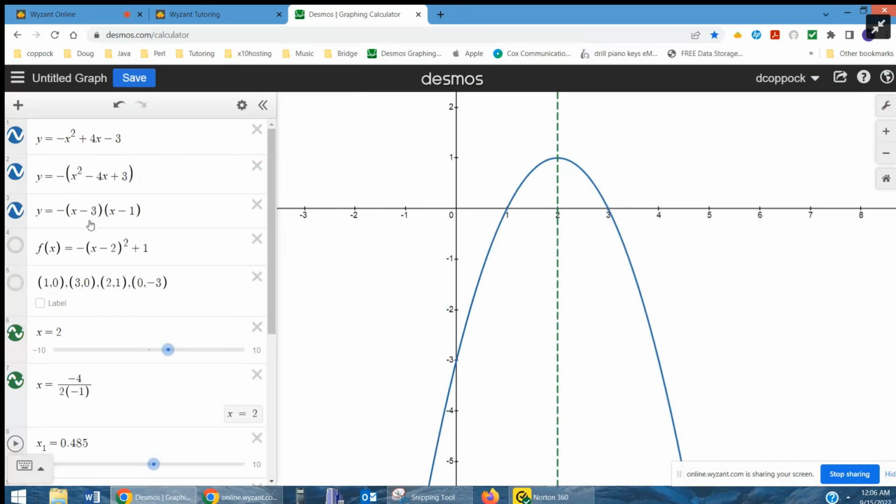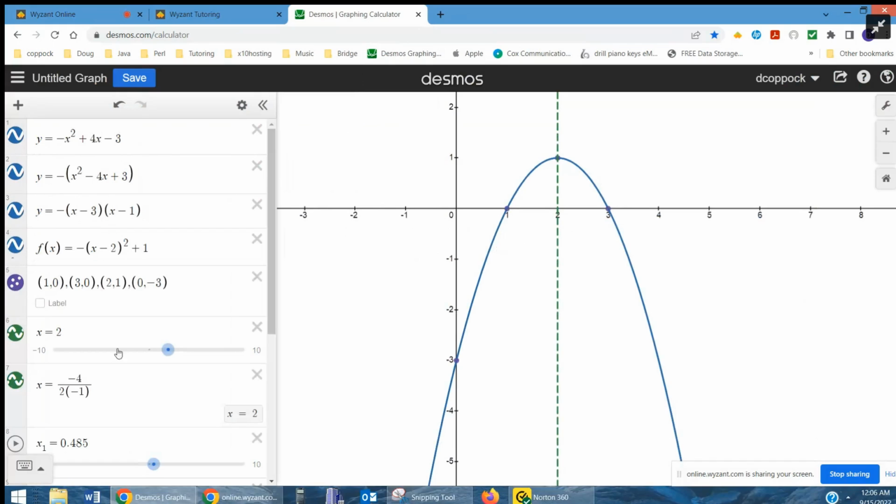When it's in that form, it's easy to identify the roots of the equation, which are when x equals 1 or x equals 3. And finally, you can put the equation of the parabola in vertex form, which allows you to identify the vertex. But all of these graphs are identical.